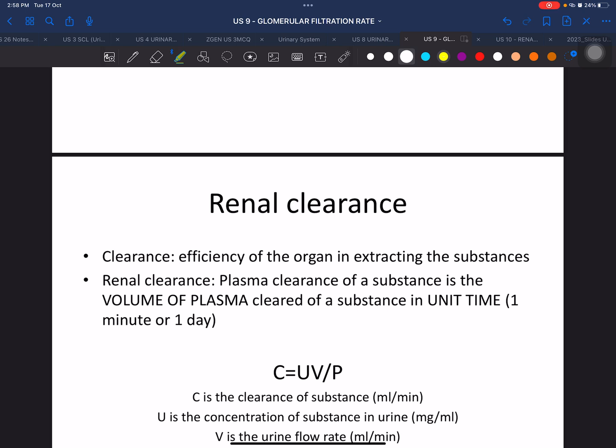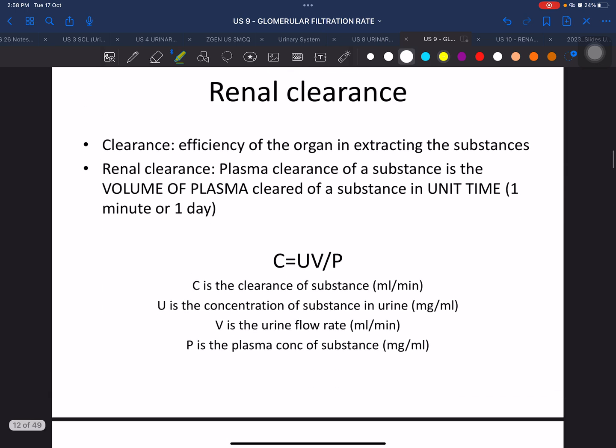So C equals UV over P. C is the clearance of that substance. U stands for the concentration of the substance in the urine, times the urine flow rate in ml per minute, divided by the plasma concentration of the substance.